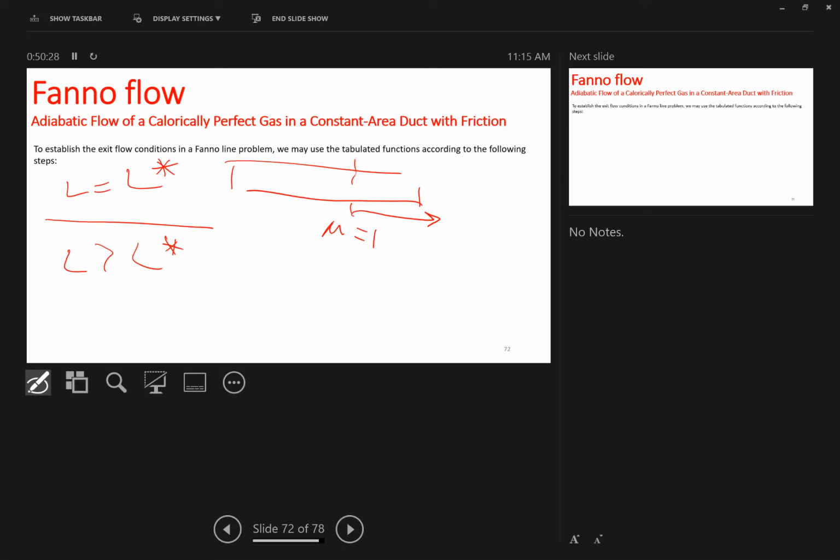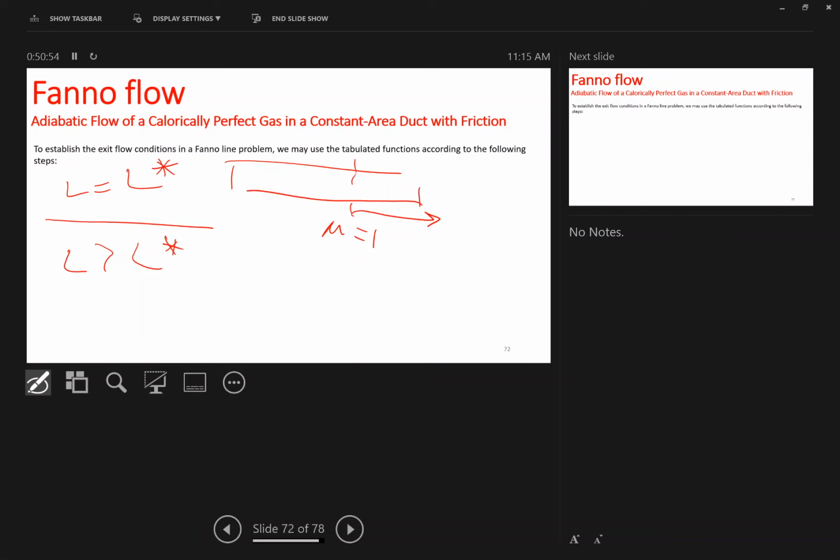And then this part is actually the part that may be a little confusing. You assume, and this is going to be happening in the real world, right, that your L star is going to be changing. So your exit length, your duct length, is going to be the new L star, okay?